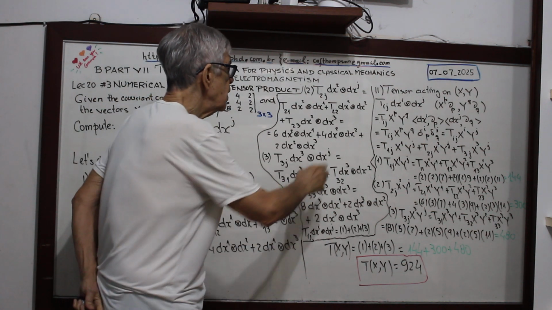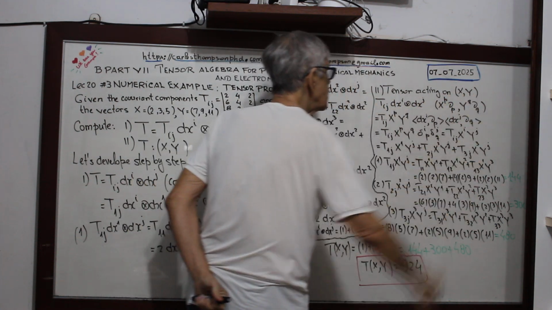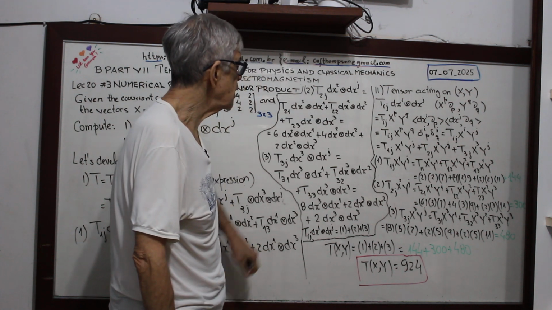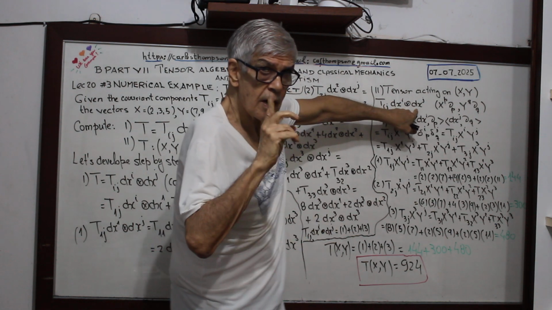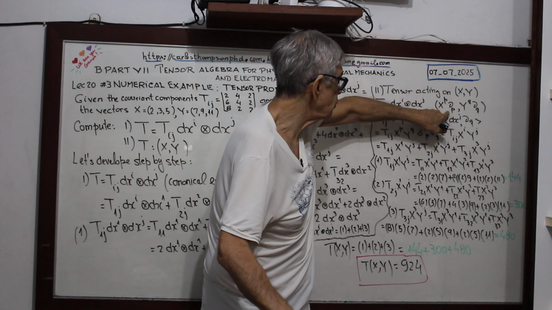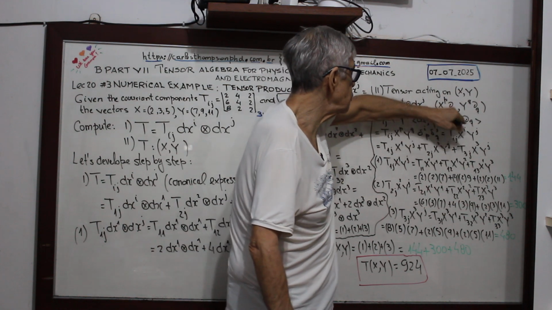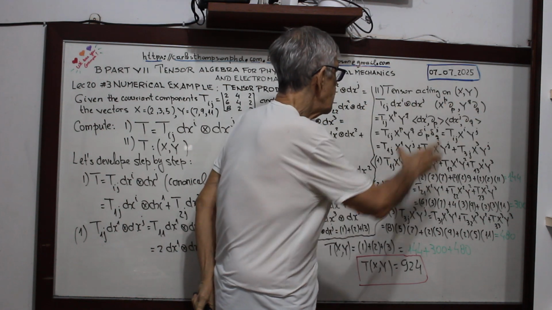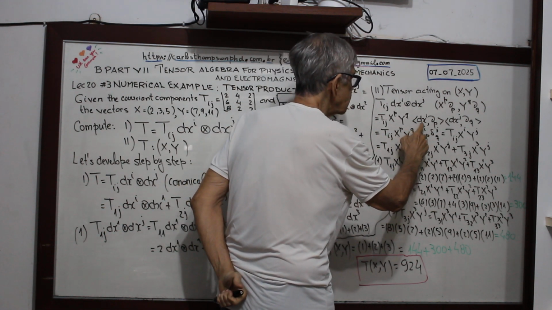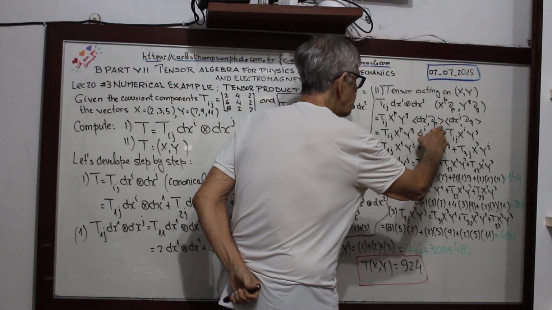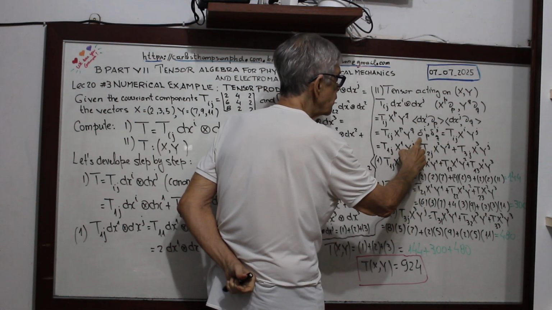Now let's move to item 2. The tensor acting on this pair of vectors: T_ij dx^i dx^j acting on x^p partial x_p, and in this case y^q partial x_q. Now I develop again. You see that the inner product of dx^i with the partial derivative with respect to x_p is a Kronecker delta, delta_ip.